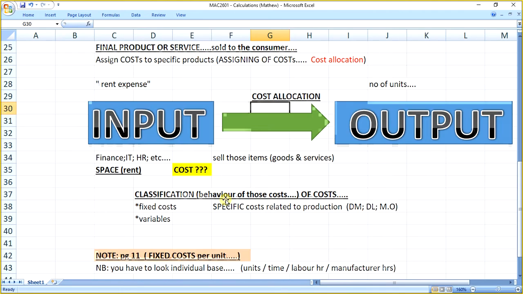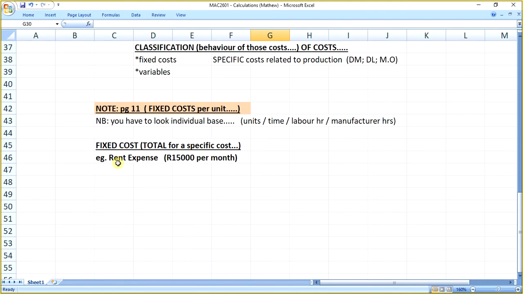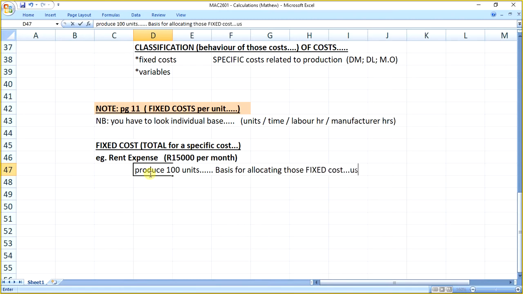So, if I look at this example, if I've got 15,000 Rand per month, and let's say I produce 100 units, in terms of a basis for allocating those fixed costs, I'm going to be using 15,000 divided by 100, which is 150 Rand per unit.